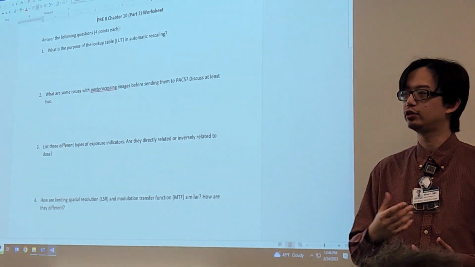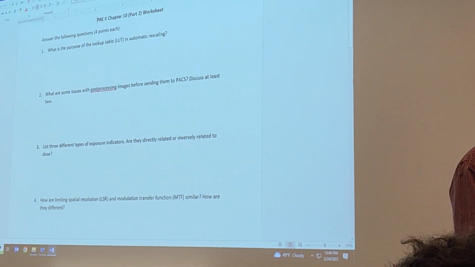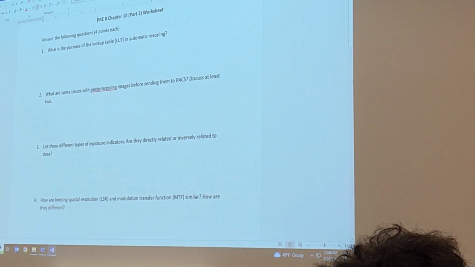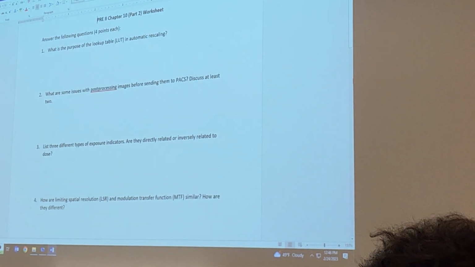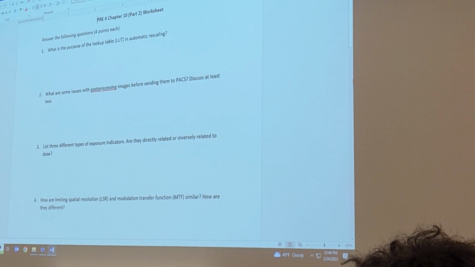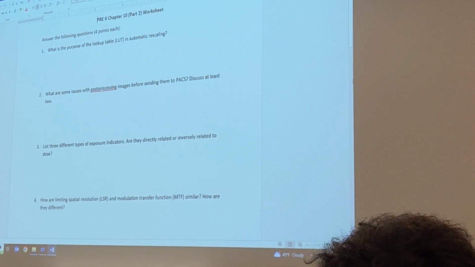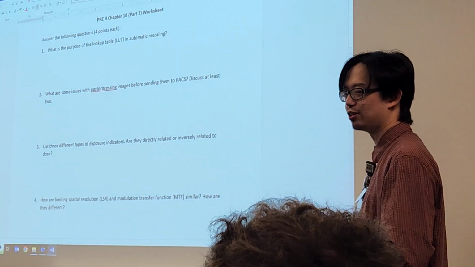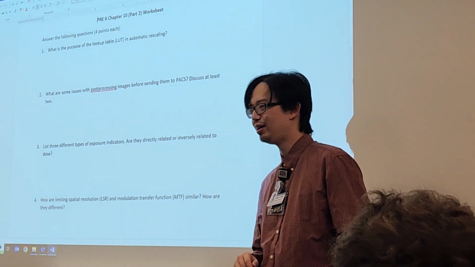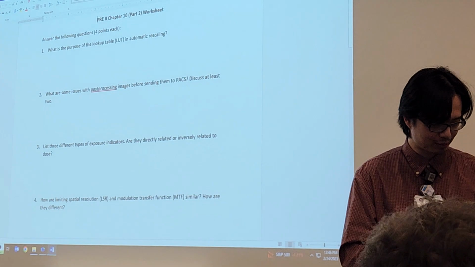You've exposed the patient more than necessary, and what rule does that break? ALARA, very good. And what does ALARA stand for? Reasonably achievable. Very good. Just one L. As low as reasonably achievable. All right, very good. Everyone still remembers.